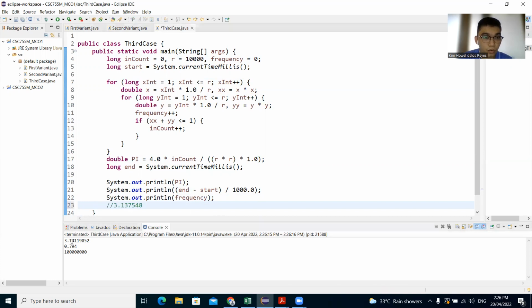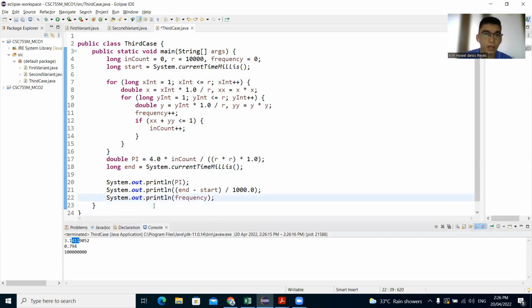Comparing it to 3.1411, it's much closer compared to the earlier value of r. Here the frequency count is 100 million.